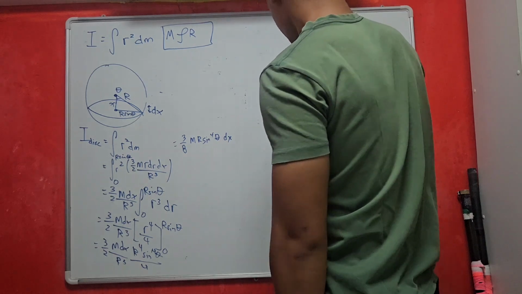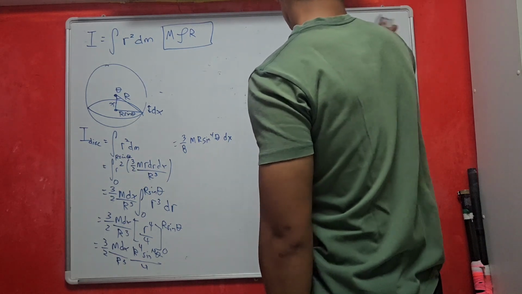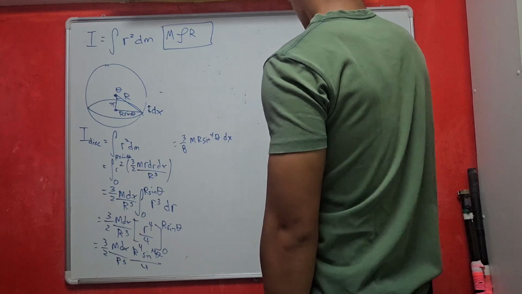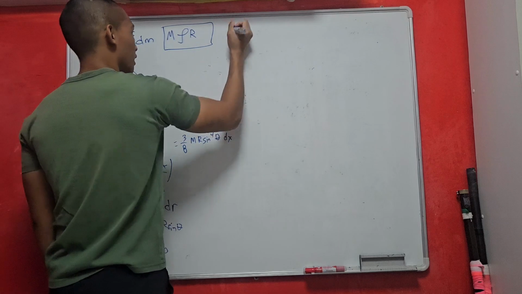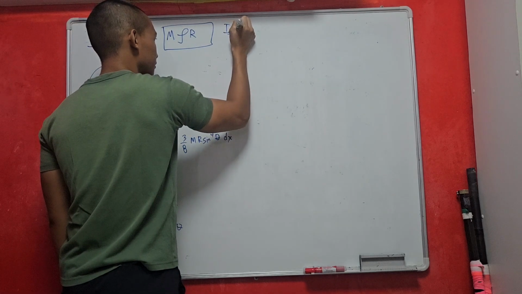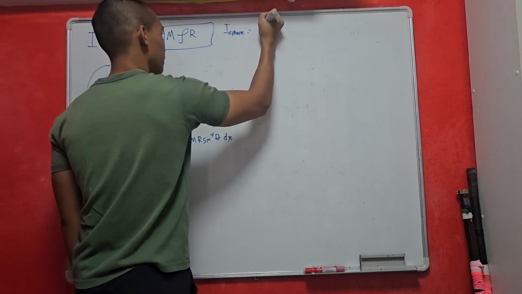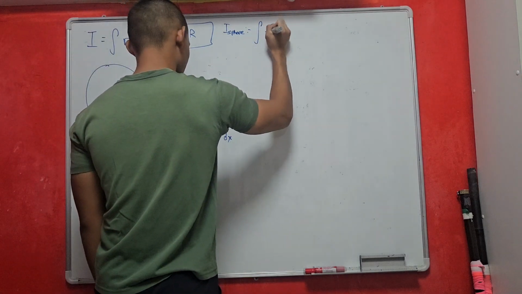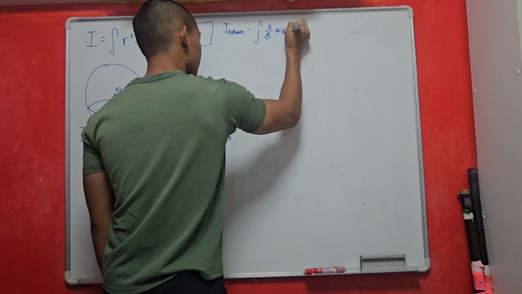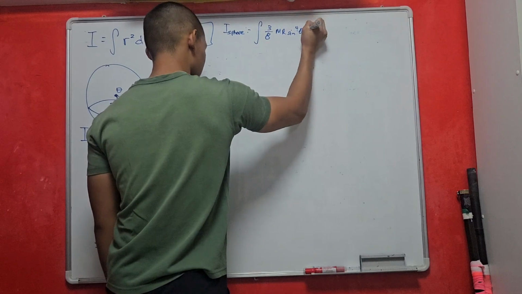and we'll start to find the moment of inertia of a sphere. And how are we going to do that? So write down first, I sphere is equal to the integral of this whole thing, 3 over 8 m r sine of 4 theta dx.